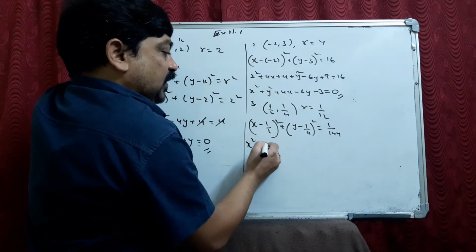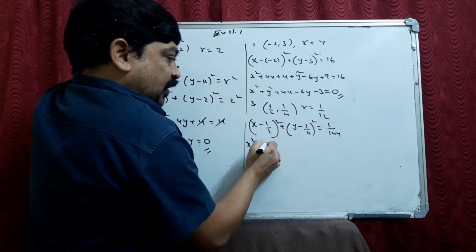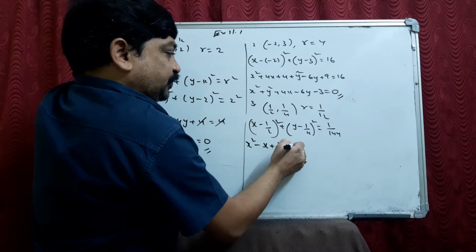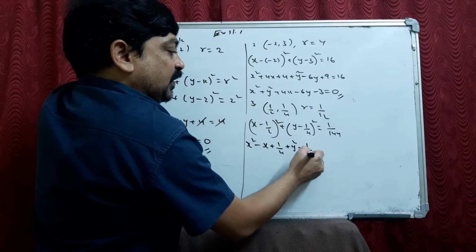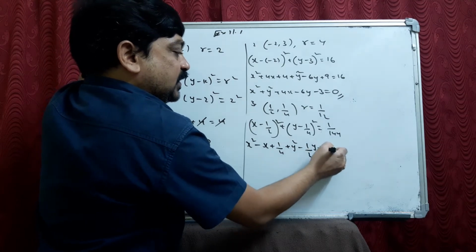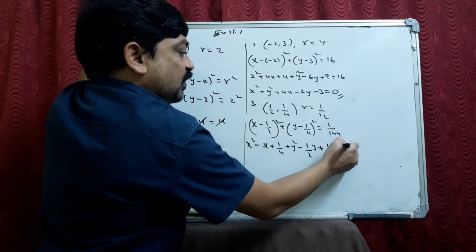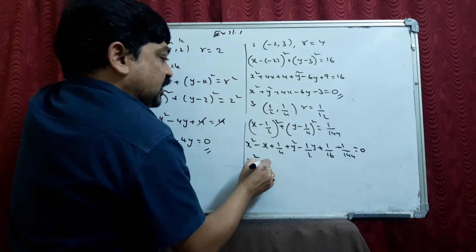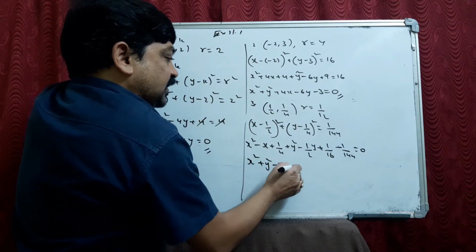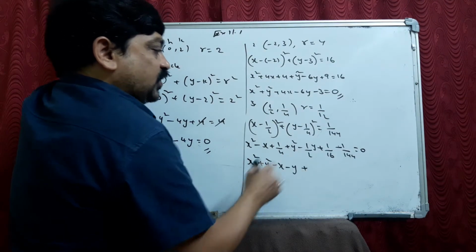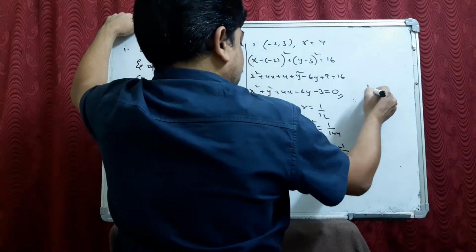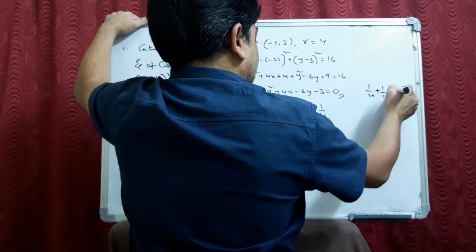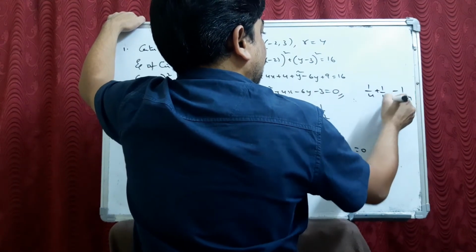X square minus 2ab becomes x, plus 1 by 4, y square minus 2ab 1 by 2 y plus 1 by 16 minus 1 by 144 equals, let us write in order, x square, y square, minus x, minus y. Constants, let us write outside: 1 by 4 plus 1 by 16 minus 1 by 144.